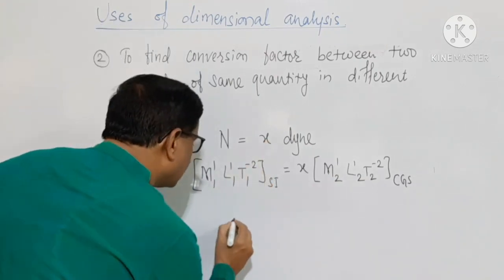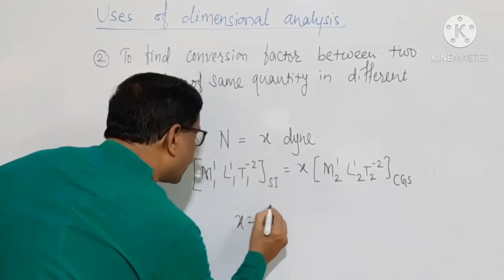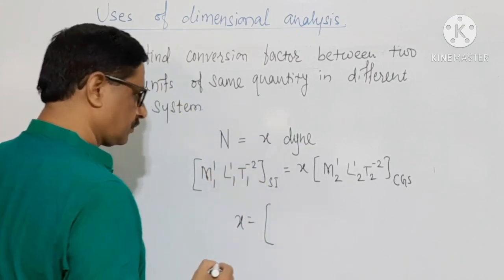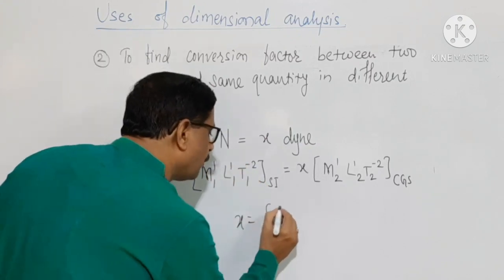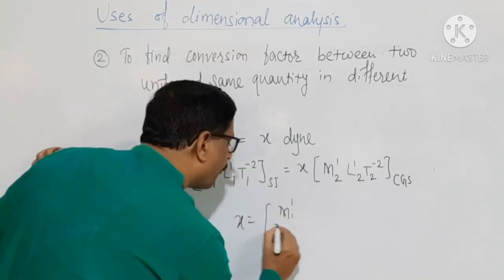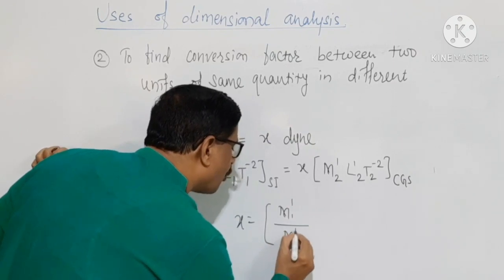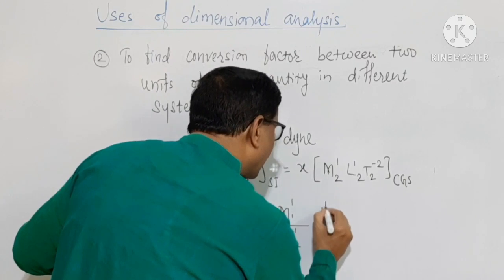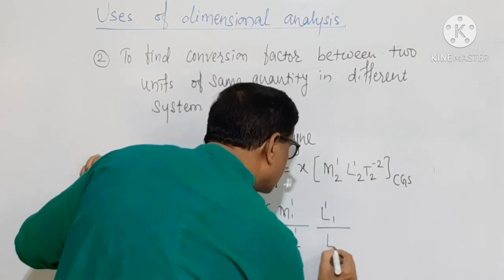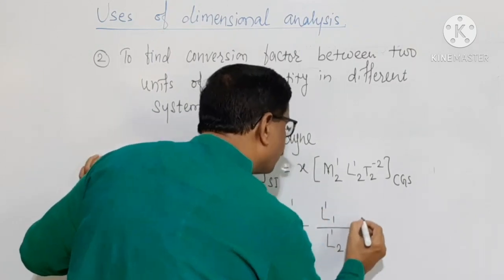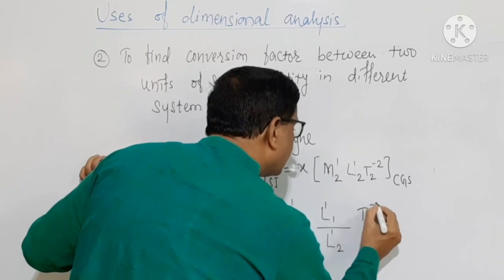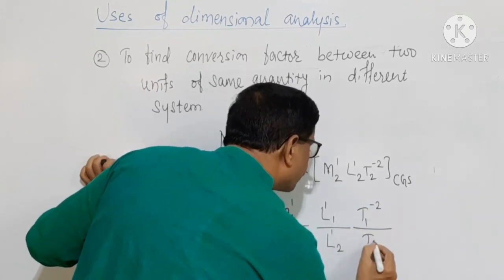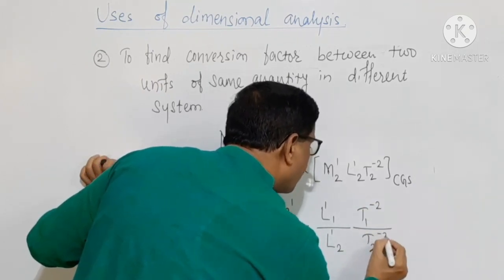From this, I will be able to write here what x is equal to. x equals M1 over M2, to the power 1, L1 over L2, to the power 1, T1 over T2, to the power minus 2.